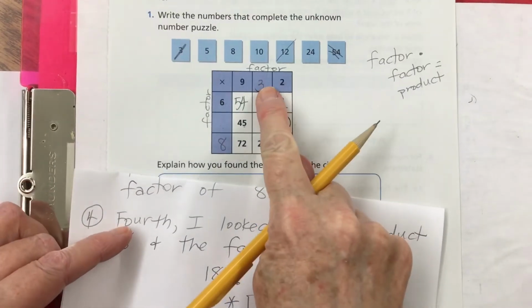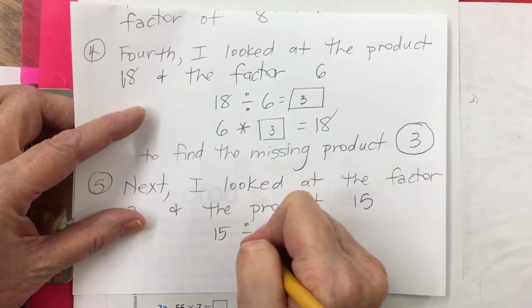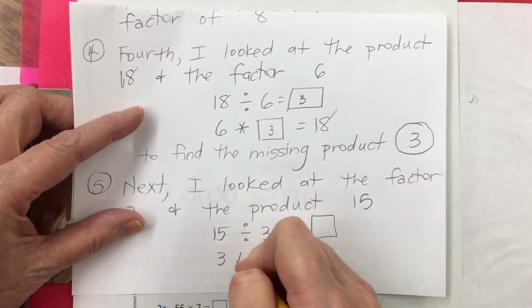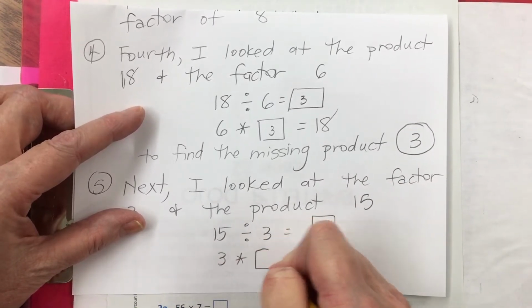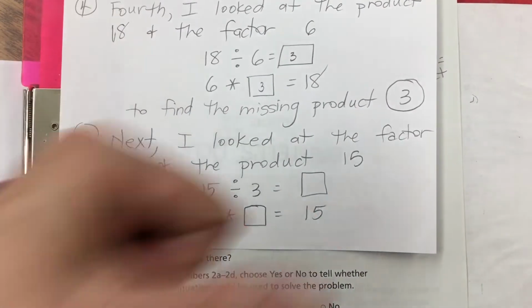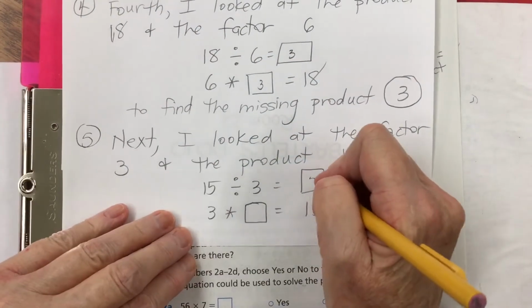Right here, 3 and 15. So 15 divided by 3, or 3 times something equals 15. 3, 6, 9, 12, 15. So it's a 5.